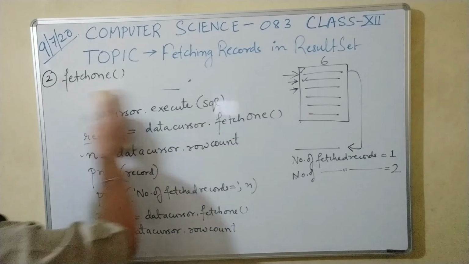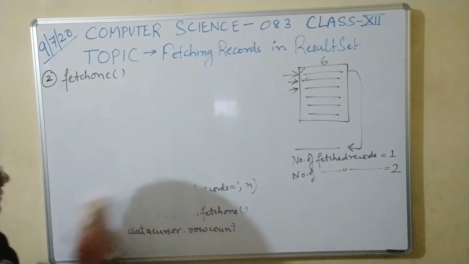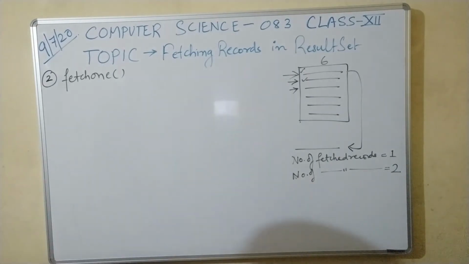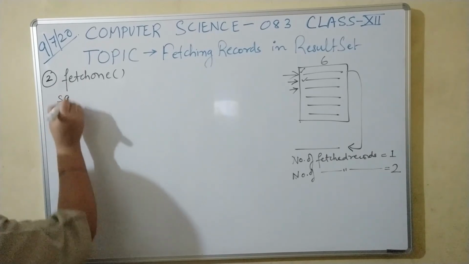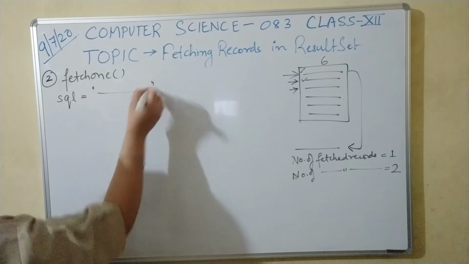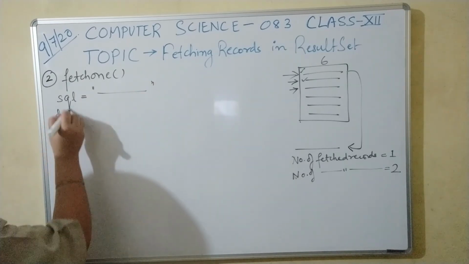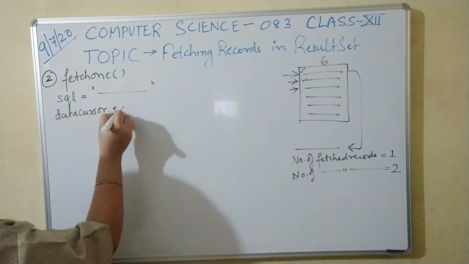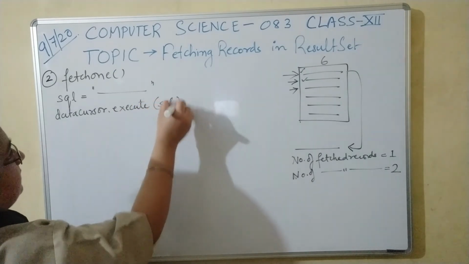So I'll just show that. SQL will be executed once and the cursor will also be executed once, so this statement will be written outside the loop.